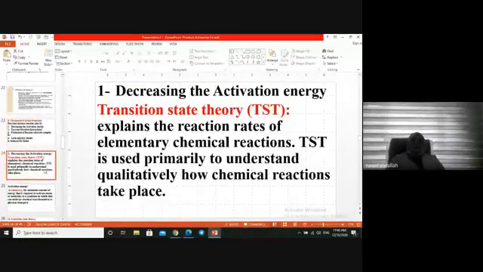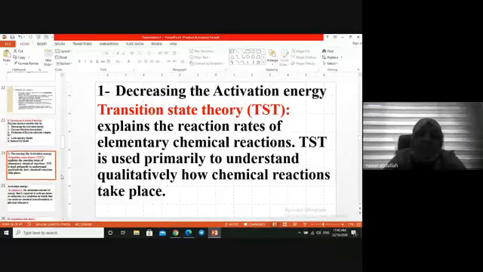Before talking about activation, we talked about the transition state theory, which explains the reaction rate of elementary chemical reactions.